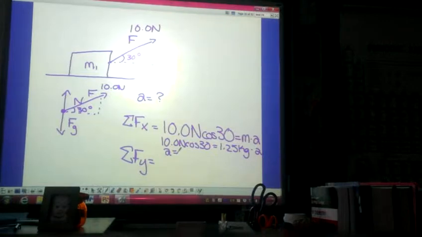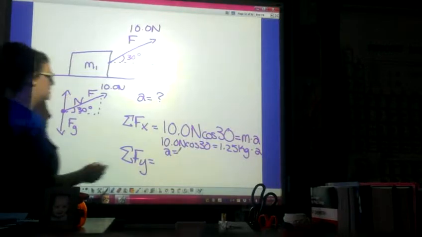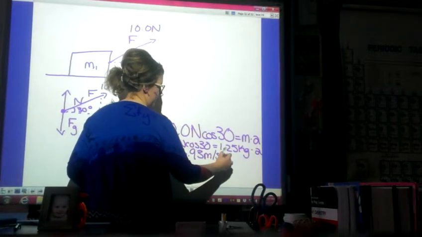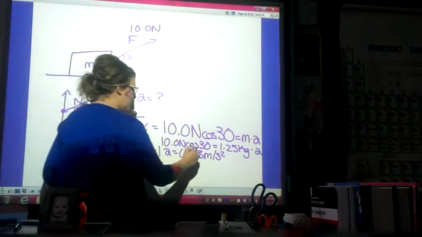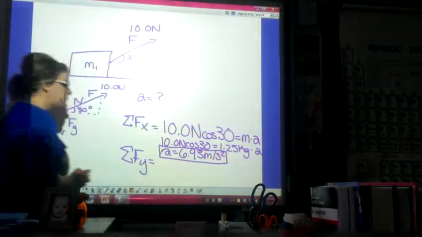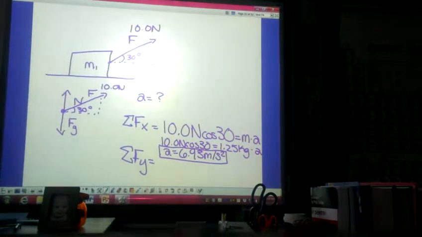So 10 times cosine 30 would be 8.66 newtons. And then divided by 1.25 would be 6.93 meters per second squared. So I answered the first part of that question. 6.93 meters per second squared.